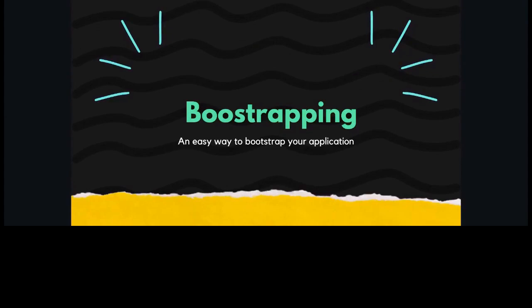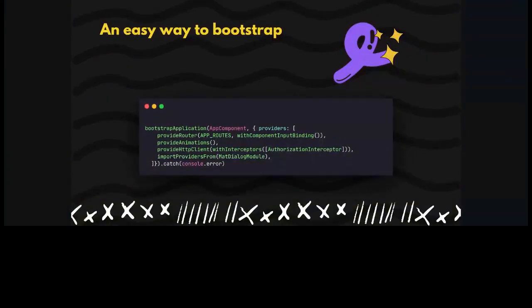So how to bootstrap your application? It's quite easy, I think. Now that's all in your main.ts. You can just use the bootstrapApplication function, and this function takes as the first argument the standalone component to bootstrap, and as the second argument a configuration object, to be more precise.